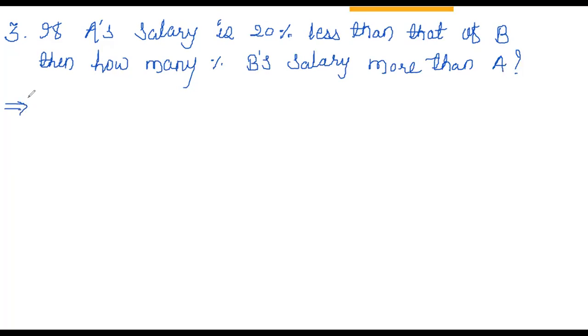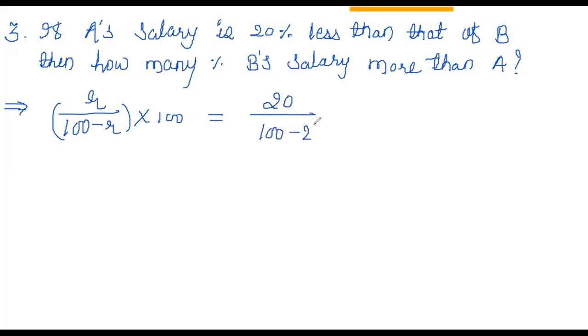Now in this example, we are using the formula R divided by 100 minus R into 100. Using this formula, we calculate B's salary, which is equal to 20 divided by 100 minus 20 into 100, which is 20 divided by 80 into 100, which is 1 by 4 into 100.